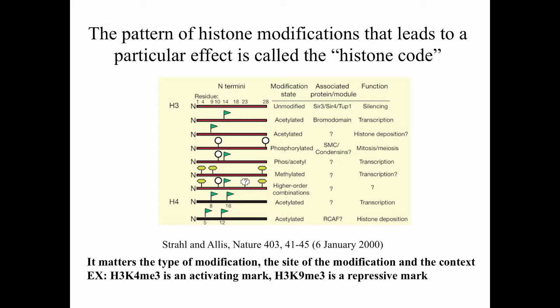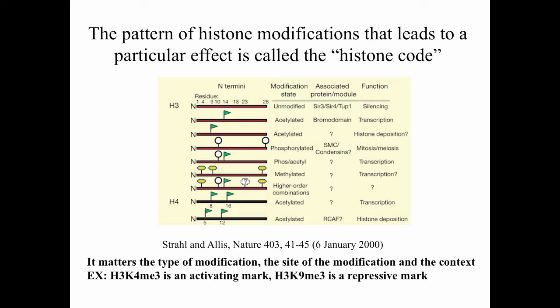And so you could have, for example, histone H3 that's completely unmodified. It's correlated with silencing. Or you could have certain modifications on the histones that can then function as saying, okay, there's methylation at lysine 14 of H3 that's going to turn on transcription, whereas methylation of lysine 9 might be a silencing mark.